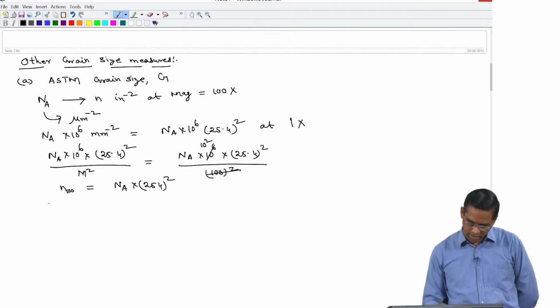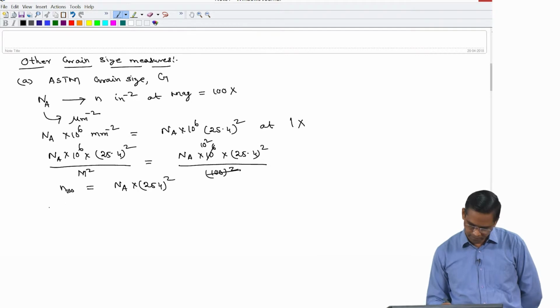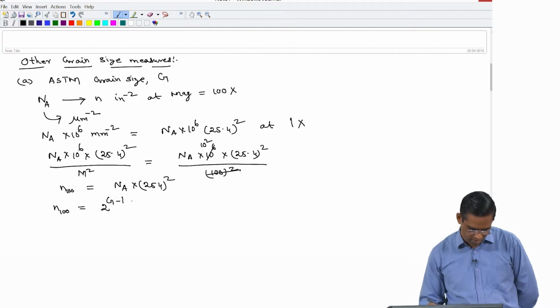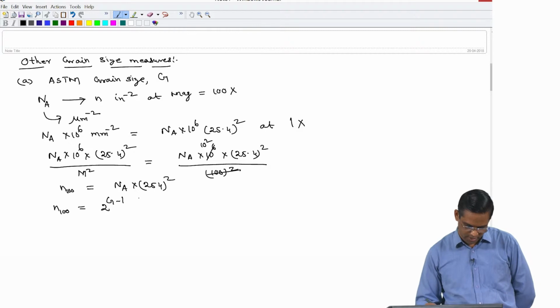So, again you can rewrite this as N is equal to 2 power G minus 1.